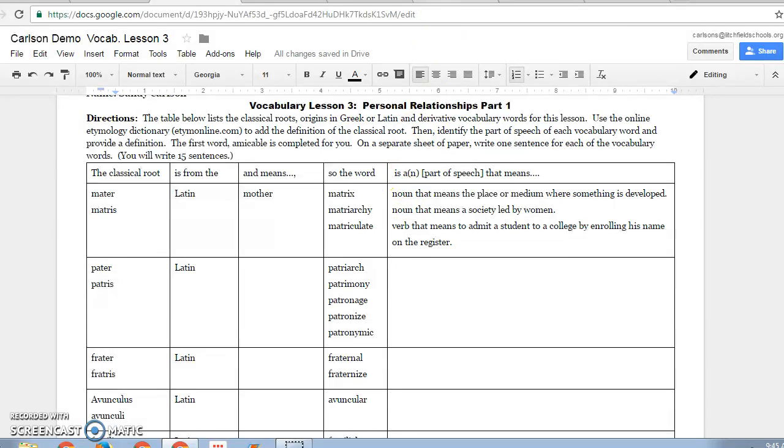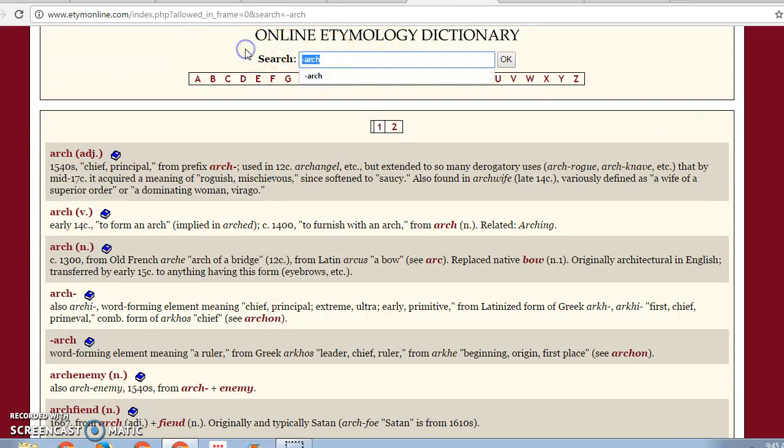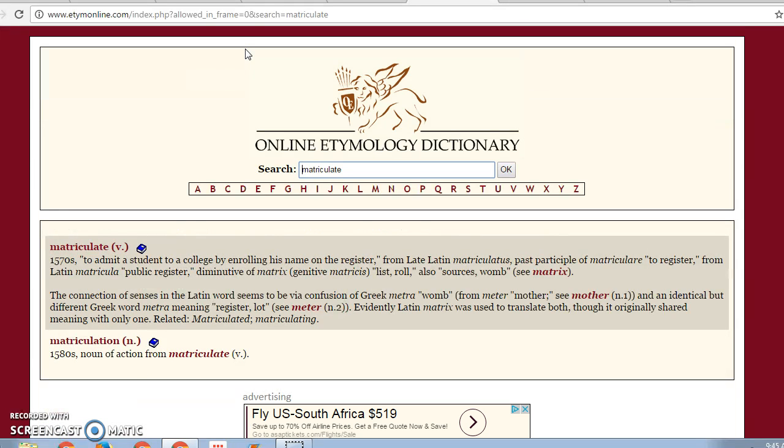Let's try matriculate and see what we got. To matriculate is a verb. It's from the 1570s that means to admit a student to a college by enrolling his name on the register. From the late Latin matriculatus, to register, from Latin matricula, diminutive of matrix, list or roll, also source or womb.